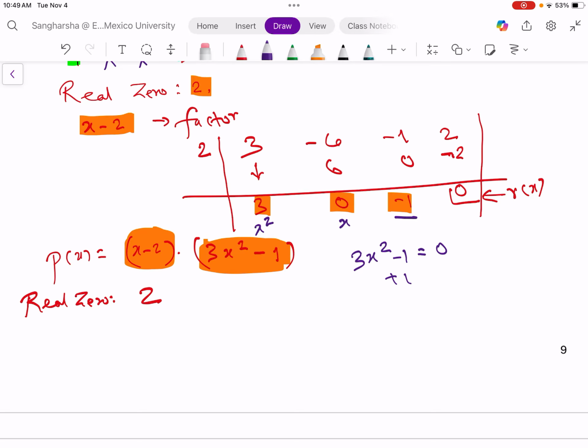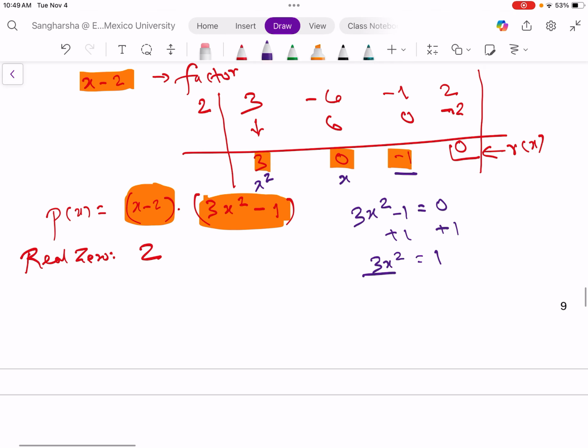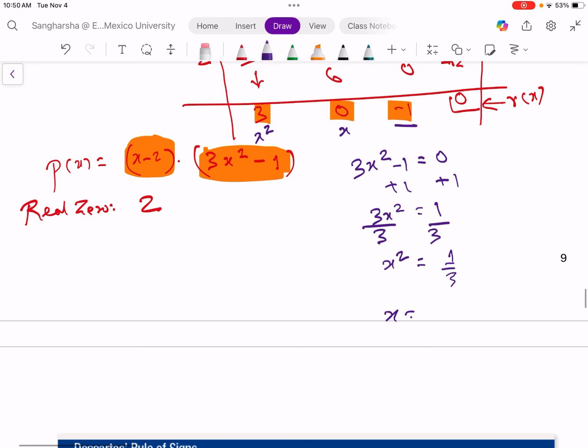You add 1, 3x squared equals 1, divide by 3, x squared equals 1 over 3. So x equals positive or negative 1 over root 3. So our remaining zeros are positive 1 over root 3 and negative 1 over root 3. So these are the real zeros for this polynomial.